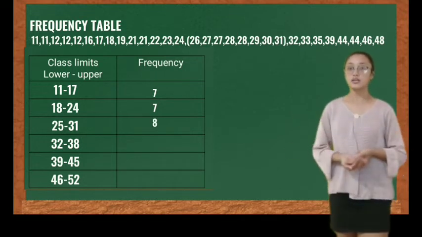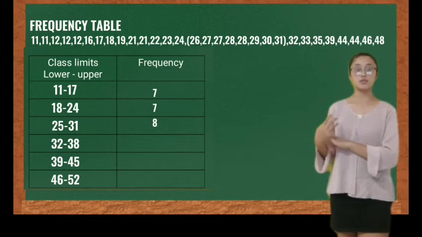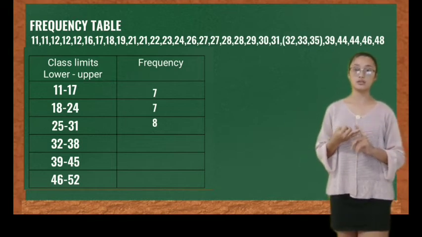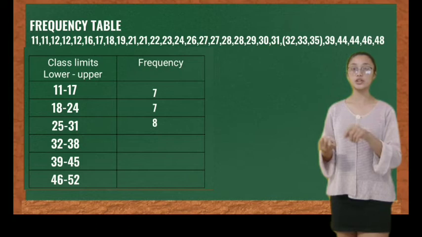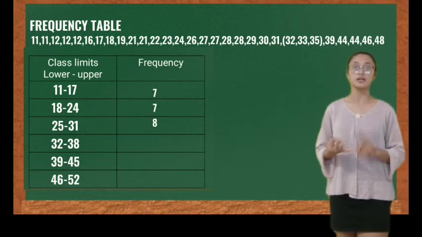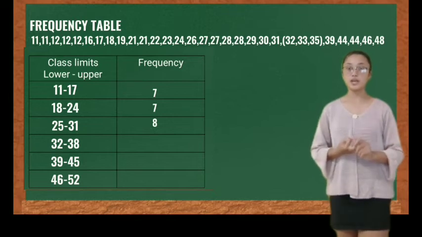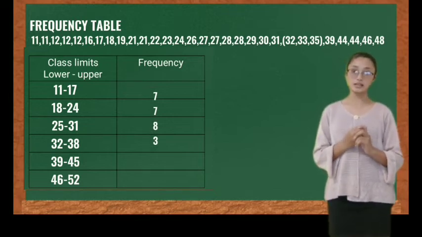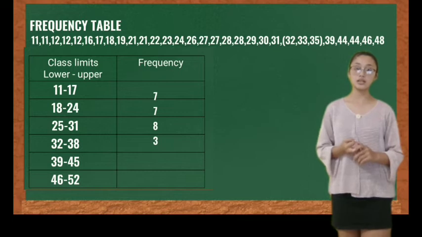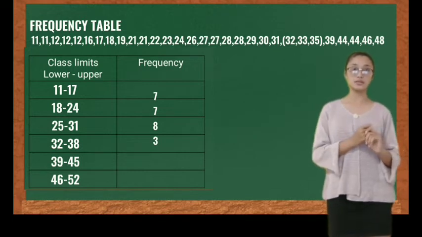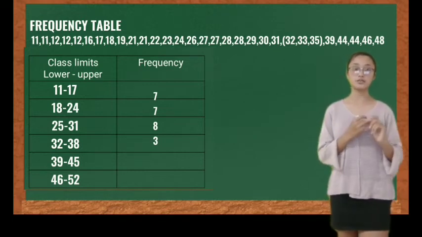And next, 32 to 38. So we have 32, 33, 35. So that's all, 3 frequencies. Next is 39 to 45.